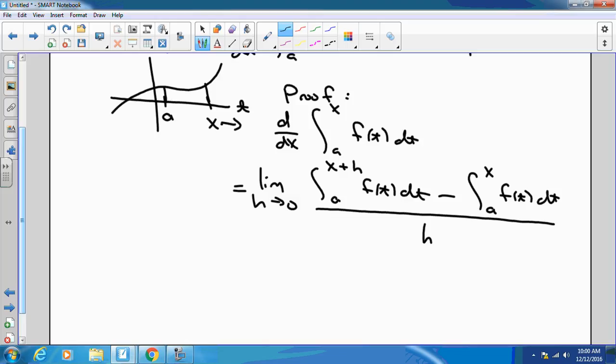It seems like the bounds are like perpendicular. So in practice, the point A is fixed. Okay. So to make this definite, we might have something like the integral from 1 to x of t squared dt. And this would accumulate for us all of the net signed area from 1 out to x. And if x happens to be less than 1, then we would integrate backwards, and you would end up with the opposite.